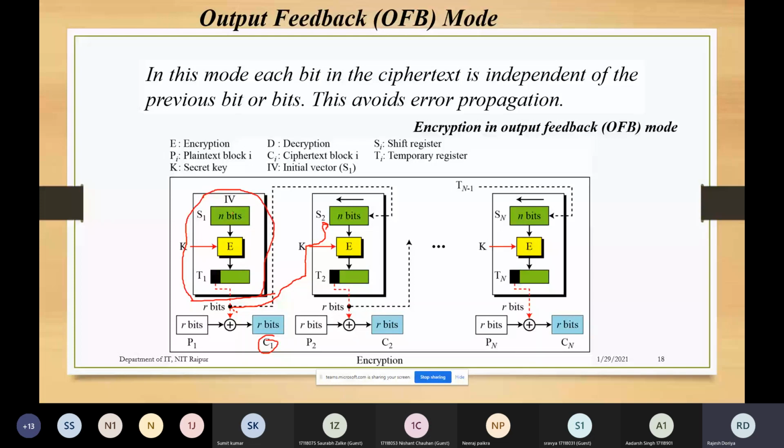Since we initially assume the initialization vector, that will be the same at both ends. If this is known beforehand to both parties, these outputs can be calculated. Let us say this is A1, this is A2.